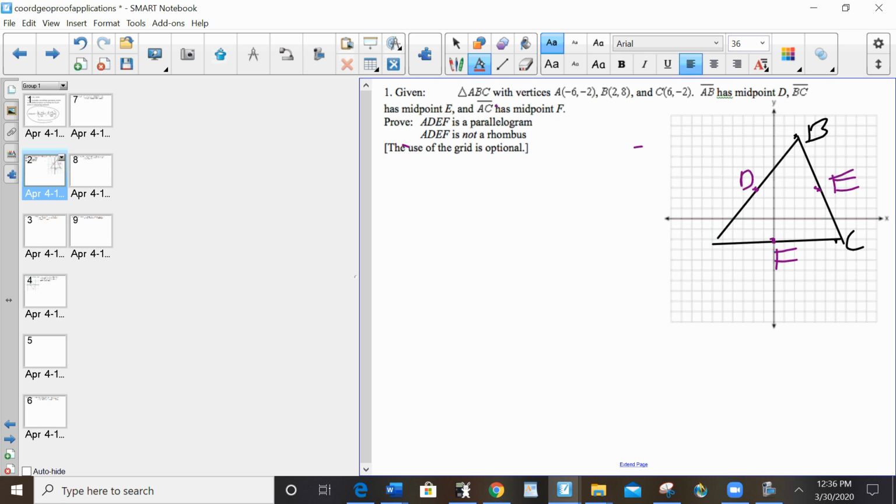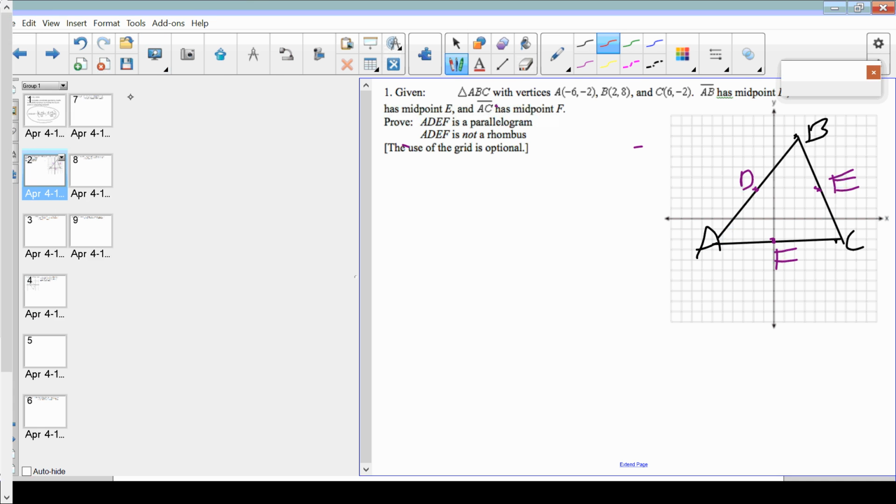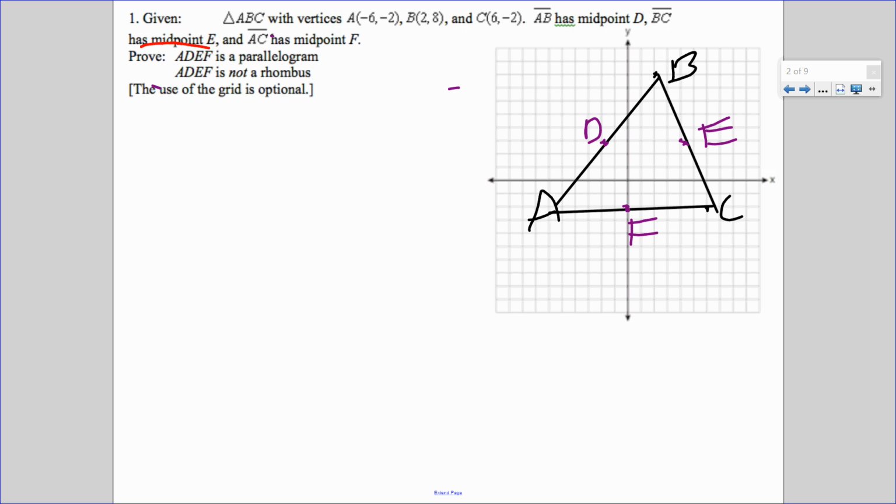Let's get my A back in there. So again, it wants me to prove that ADEF is a parallelogram, but not a rhombus.